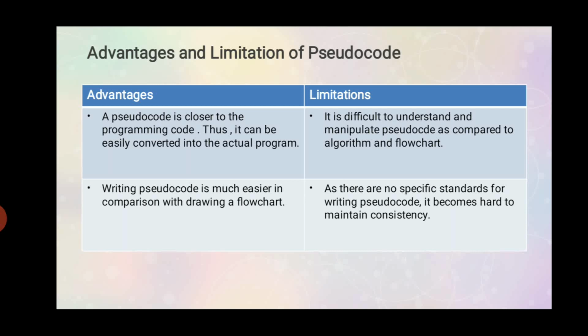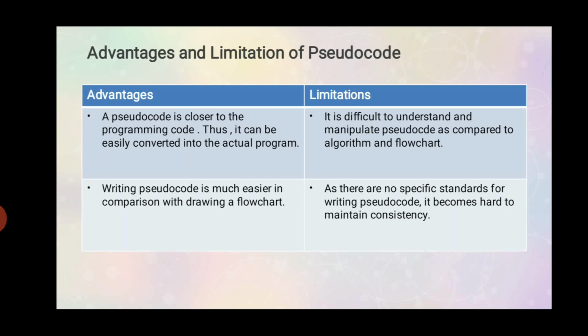The flowchart, the pictorial form, was a little easy, right? And second advantage: writing pseudocode is much easier in comparison with drawing a flowchart. That means the same thing is now becoming an advantage also.